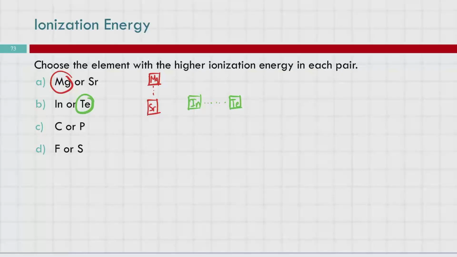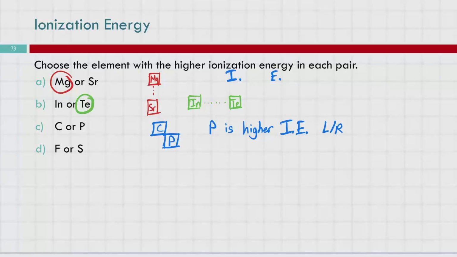And then we've got C and also P, and those are related to each other like this. Carbon and phosphorus. So we've got both directions in play. Which one is higher left-right? P is higher ionization energy for the left-right.